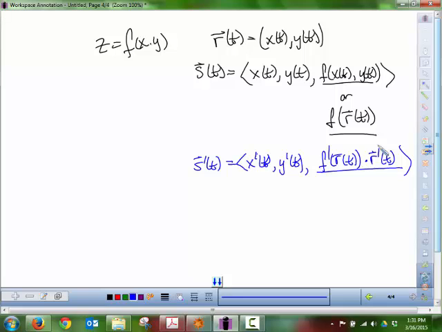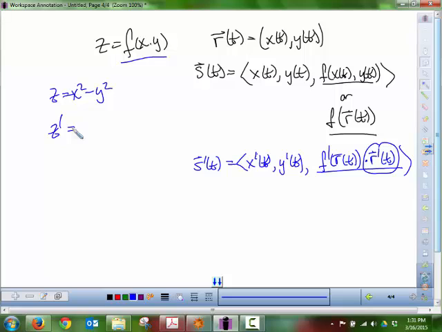Well, I've seen this before. I'm okay with that. But f is a function of two variables. So if this is my f, if z is equal to x squared minus y squared, what is z prime equal to? We have a problem, right? So that's our problem.